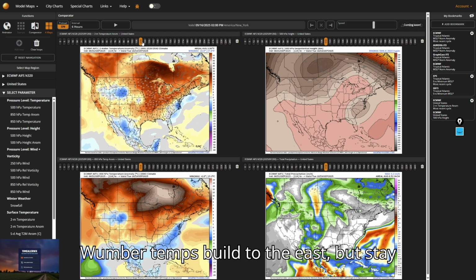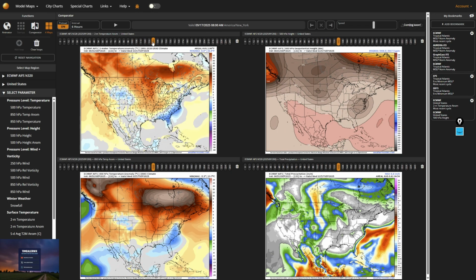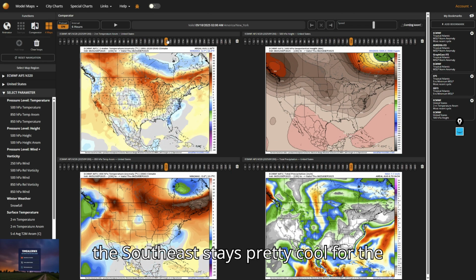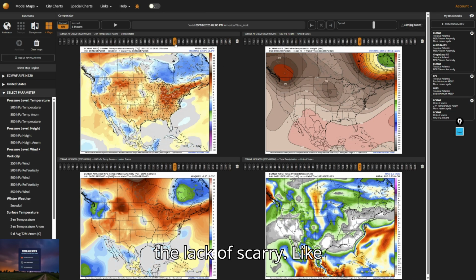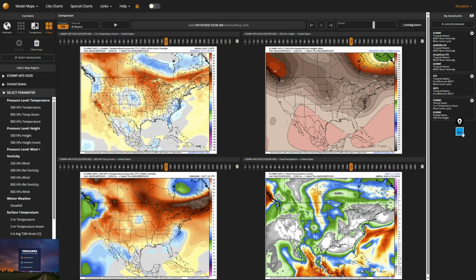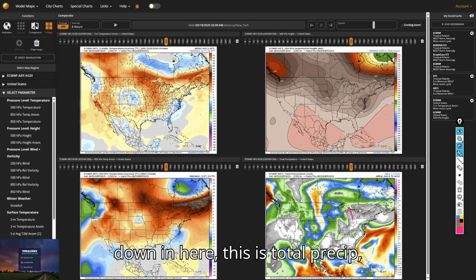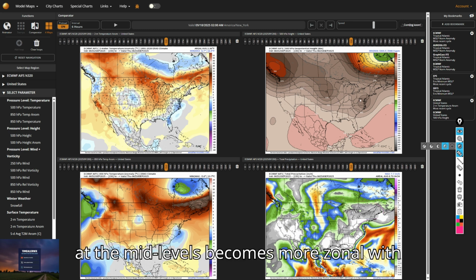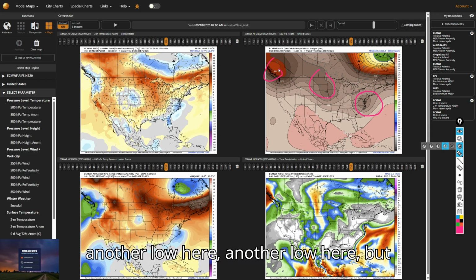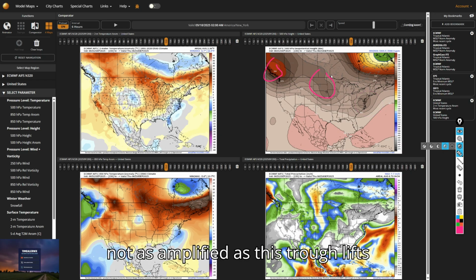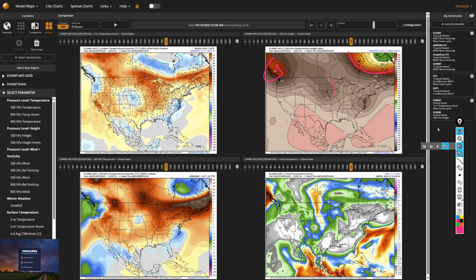So we move through time here. Warmer temps build to the east, but the southeast stays pretty cool for a pretty long term, and you can see the lack of precip down in here. This is total precip, almost nothing. The flow at the mid levels becomes more zonal with maybe an upper level low here and another low here, another low here, but not as amplified as this trough lifts out.